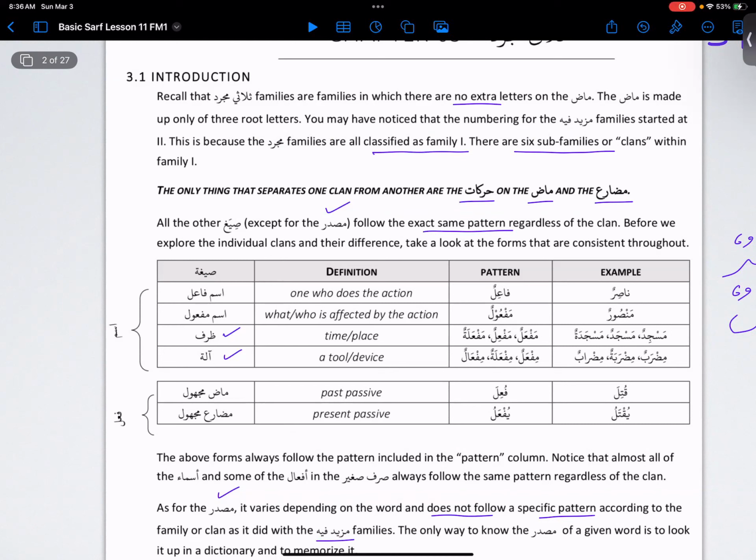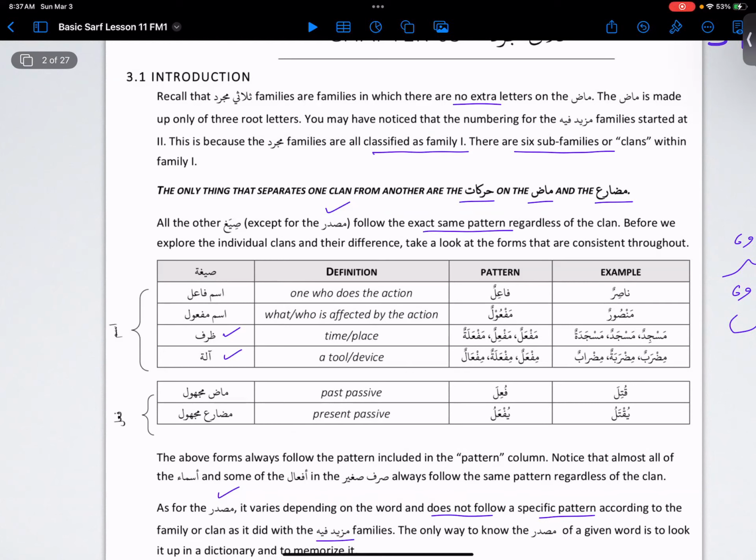About Mazid Fihi, we know that their mastar was set, right? Allama will always be Taliman, Jahada will always be Jihadan or Mujahadatan. That was set.